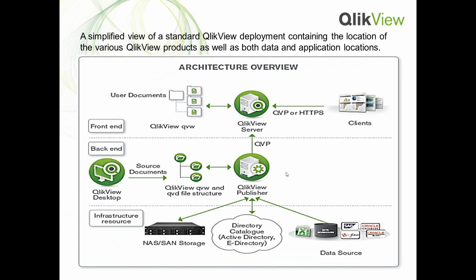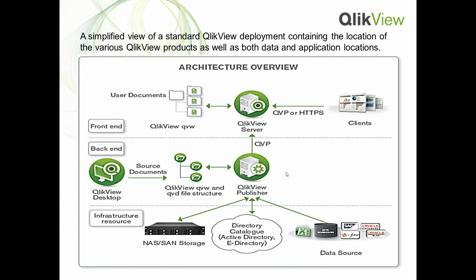So what publisher will do is, it will open that QlikView desktop or QlikView QVW file, run the script, do whatever you have written in the script, and close the document. That way you can refresh your document or your data through the publisher. You can also do this for the user documents. So the data flow from layer 1 to the final application will be done by the publisher.